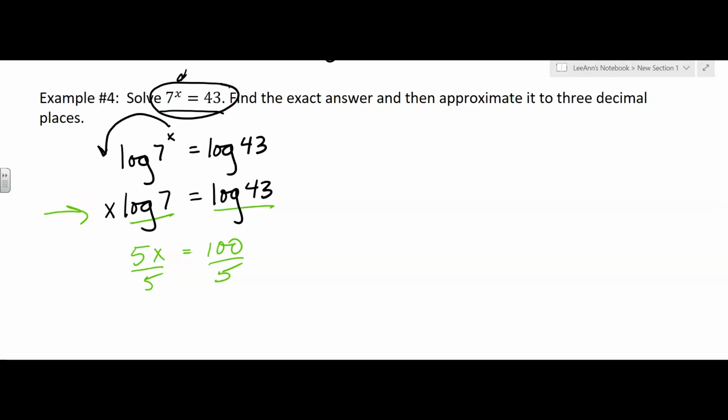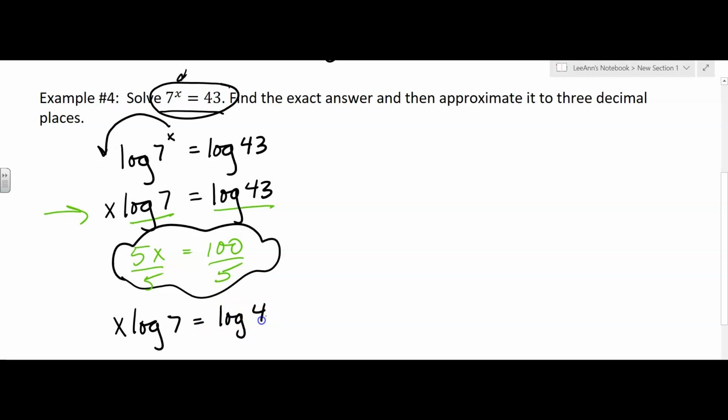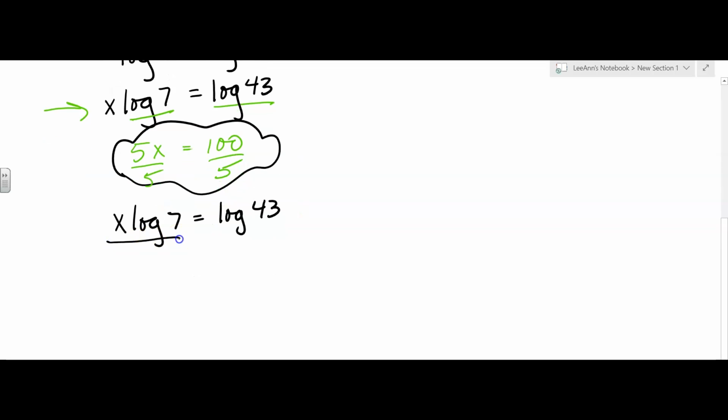So this is just a side note. Okay, I have x log 7 equals log 43. I'm just going to divide both sides by log 7, because log 7 is just a number.